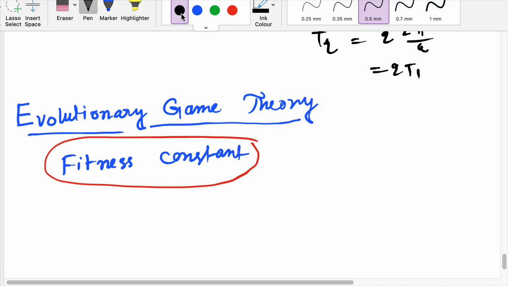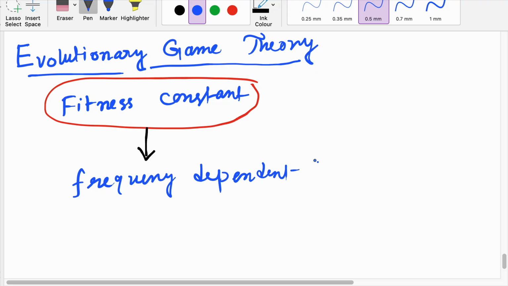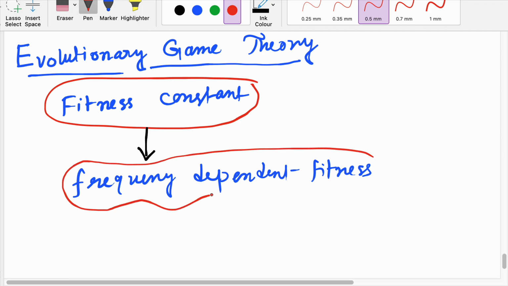From now onward, we will introduce frequency dependent fitness. One way to get frequency dependent fitness is evolutionary game theory, which is evolutionary dynamics that encapsulates frequency dependent fitness.